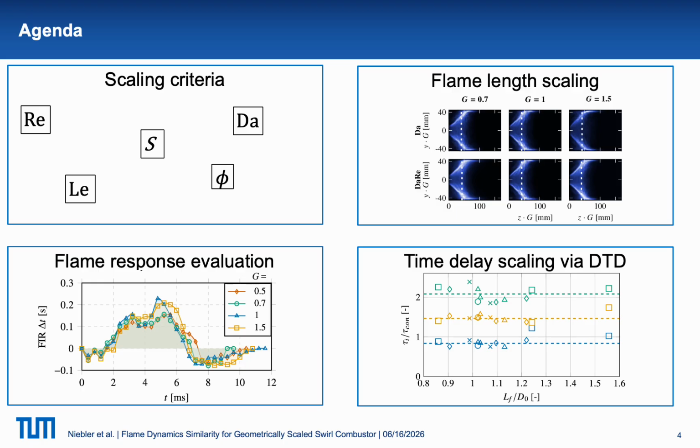Based on this, we then define a flame length scaling or derive a flame dynamics by some analytical measures. And then, as a next step, we evaluate the flame responses for the candidate criteria that we have identified in the previous step. As last thing, and that's what I've promised, we derive a time scaling or time delay scaling rule via distributed time delay models.